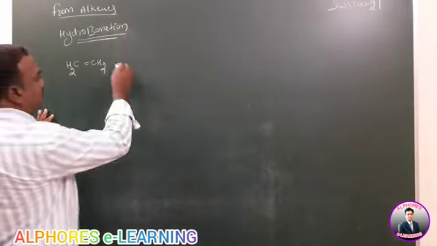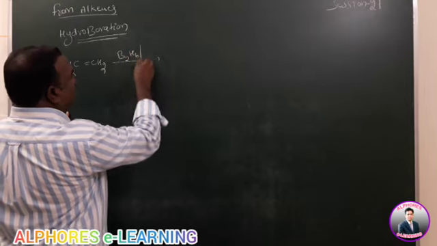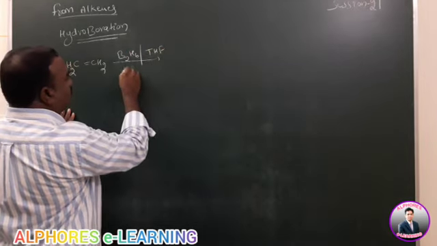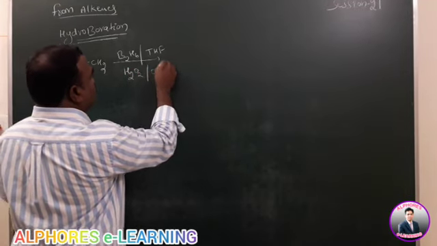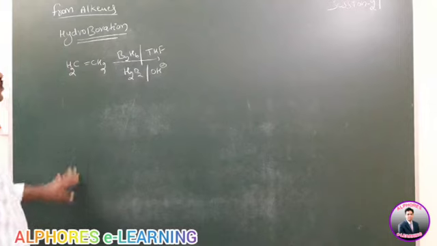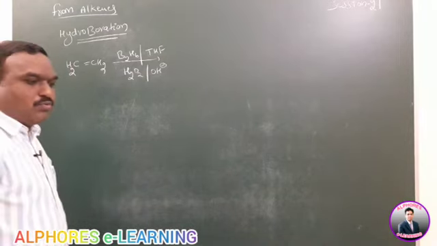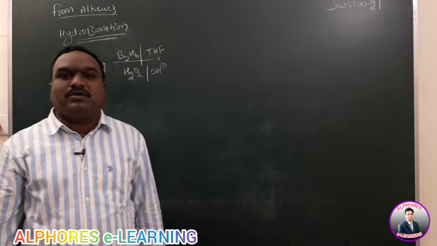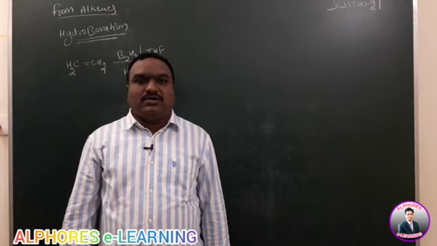The ethylene compound reacts with diborane, the medium is tetrahydrofuran, then H2O2 and OH minus. You remember the diborane compound is an electron deficient compound, which acts as an electrophile in this case.